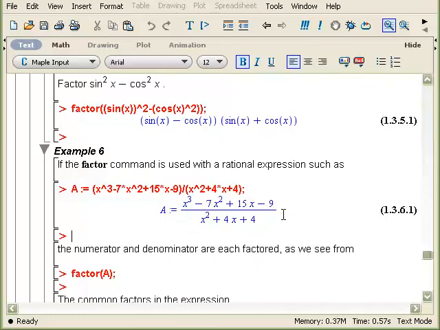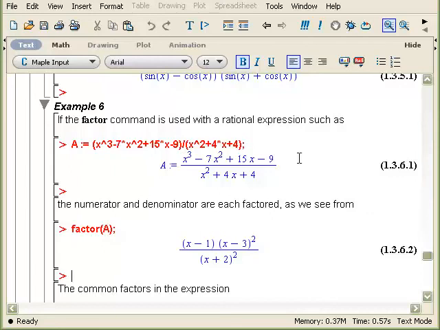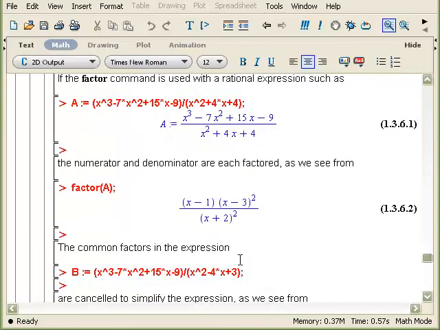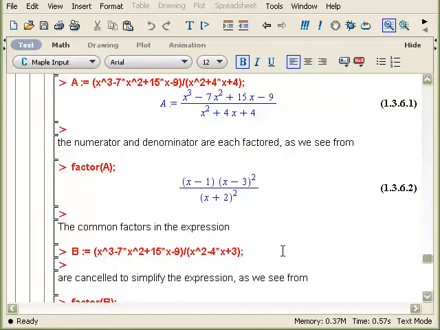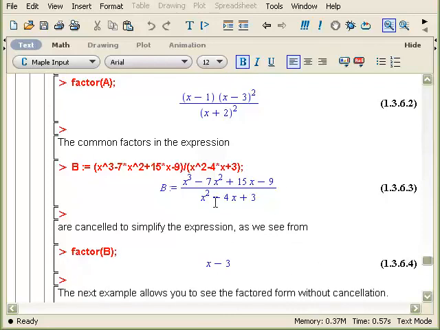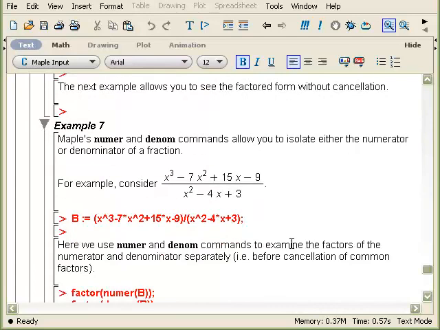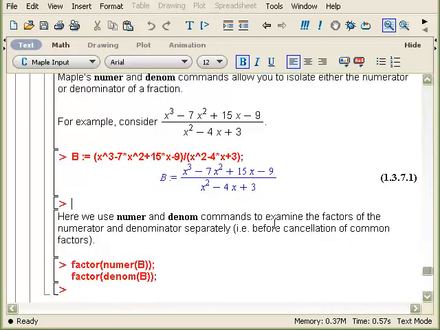Even a division looks like it gives us a fraction form. So factoring just factors the numerator and denominator and gives us this. What happens if you have cancellations, like common factors in the numerator and denominator? Then actually it cancels out and gives us the simplest form. So Maple is so powerful. Once again, in this case, let's factor numerator and denominator.